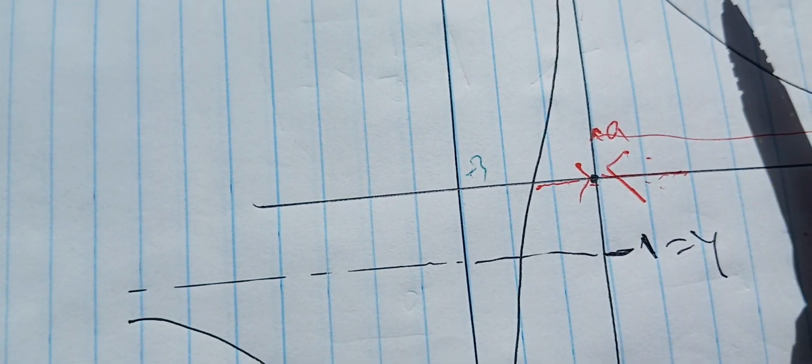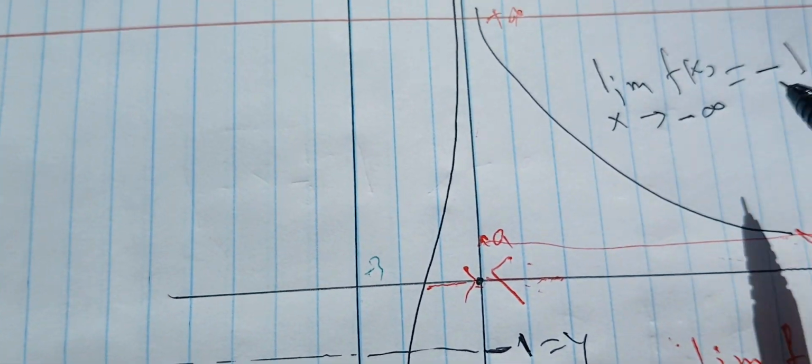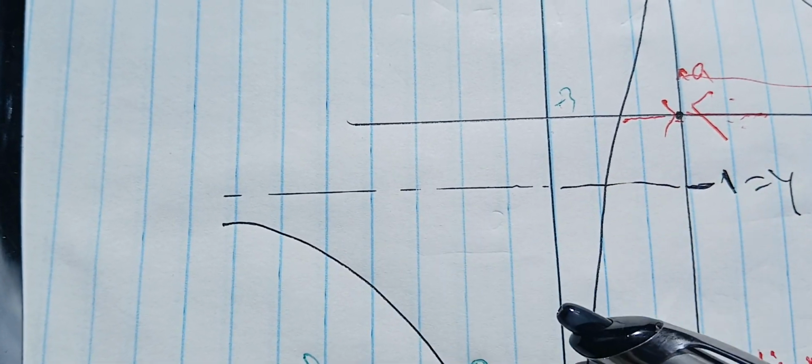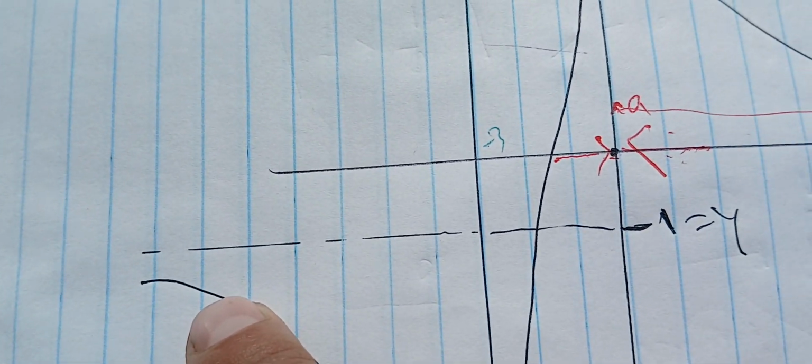So we write it this way. The limit of f of x as x goes to minus infinity is -1. Look here, as we keep getting closer and closer to x negatively, going this way, the value of y is getting closer and closer to -1.